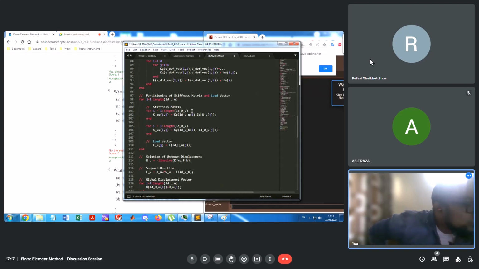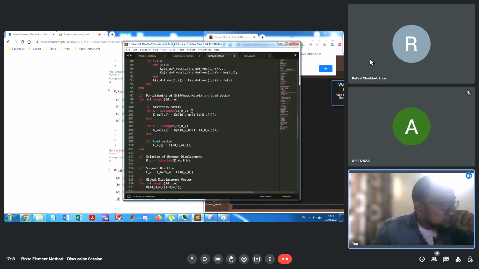Okay, let's see first for j, line number 98 is for j equal to 1 is 2, that will run till 10. Now our j is equal to 1, suppose. So stiffness matrix line number 101 is giving me I runs from 1 is to length of again uu, that is 10.